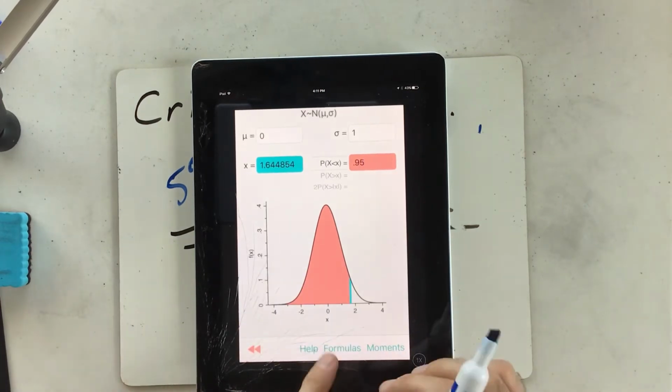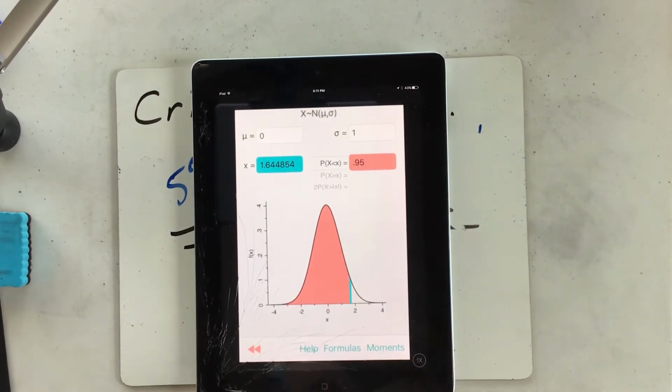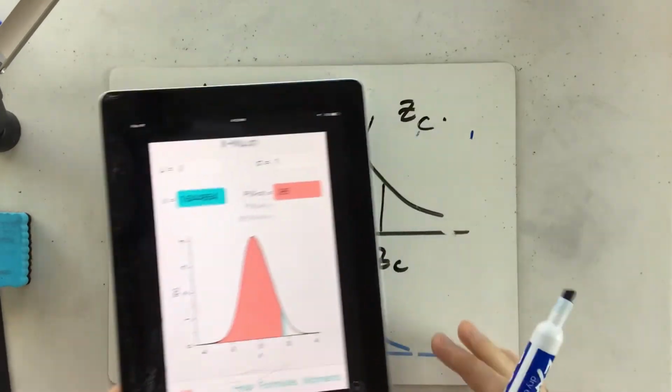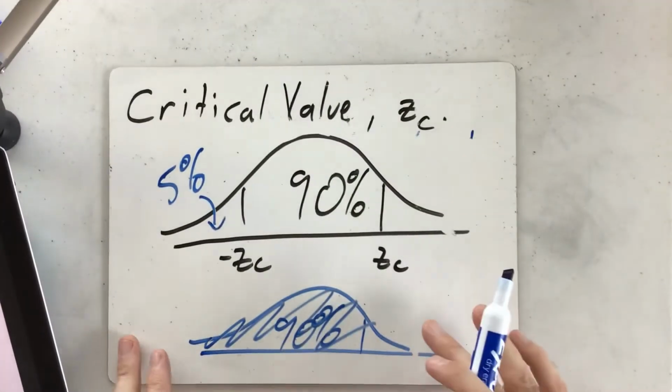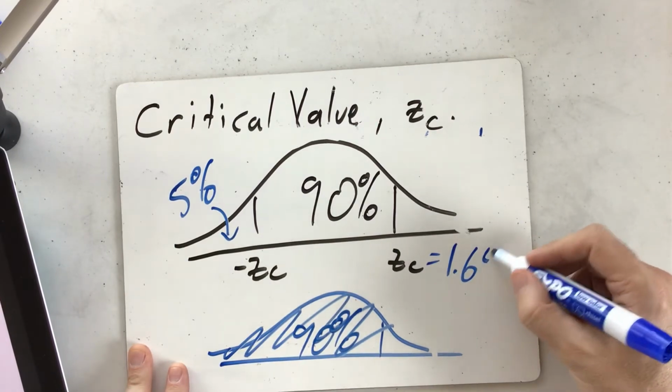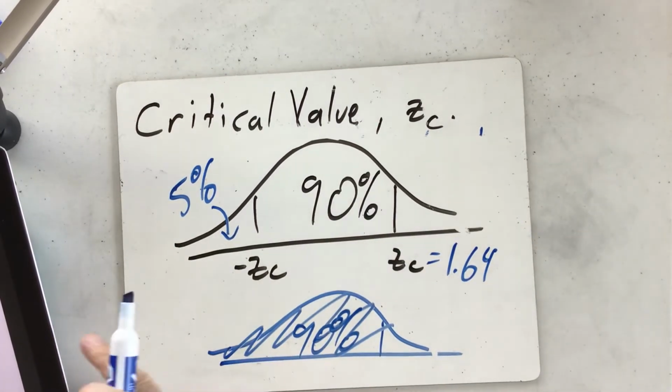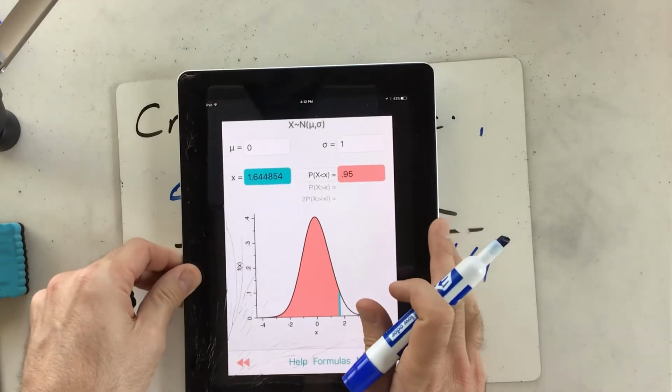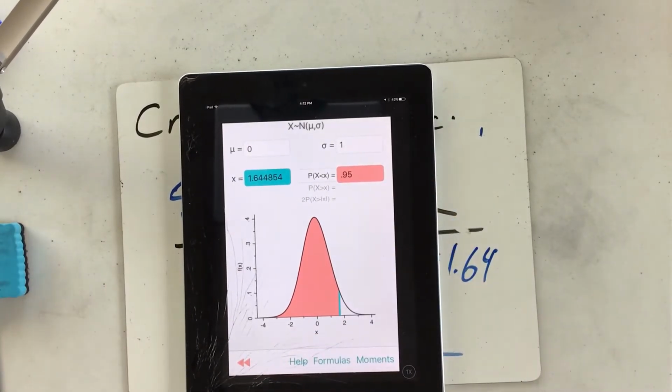Because now if I have 0.95, I have 5% on this side, 5% on this side, and 90% in the middle. And so what I see is that the appropriate range is 1.644. 1.64 is the appropriate number here, and this number is just going to be negative 1.64. So that's how we find the critical value.